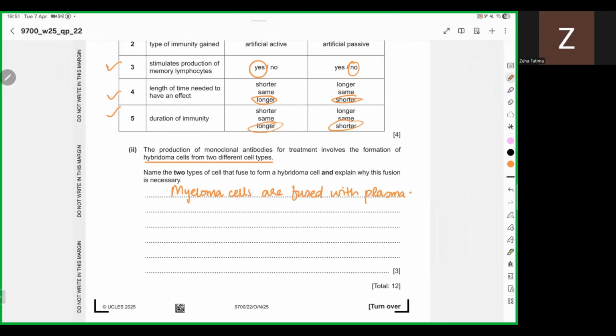And why is this needed? It is needed because plasma cells cannot divide via mitosis, whereas myeloma cells can divide via mitosis. Plasma cells can produce the desired antibodies.